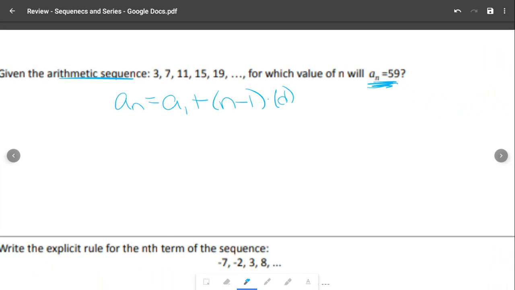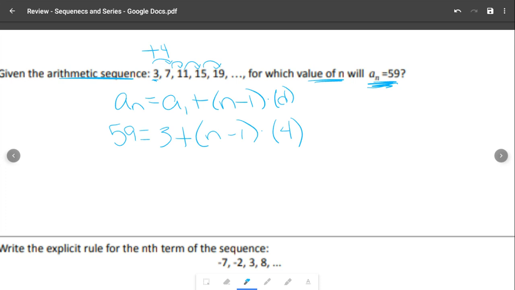I know An equals 59. A1 is the first term, that's the 3, plus we're looking for the value of n, so that's what we're going to solve for, times, if we look at the sequence, they're going up by 4, so that is your d value.